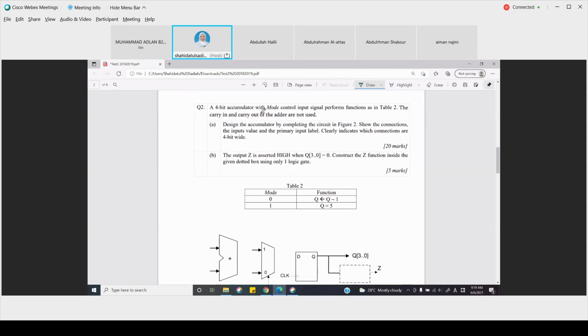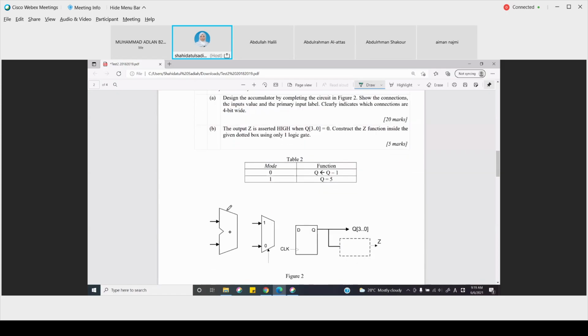A 4-bit accumulator with mode control input signal performs function as in table 2. The carry in and carry out of the adder are not used. So we have an adder here, and there is no carry in or carry out. It's not used.